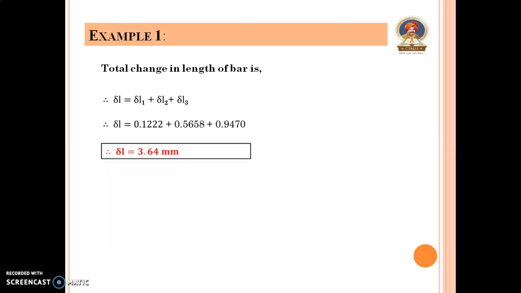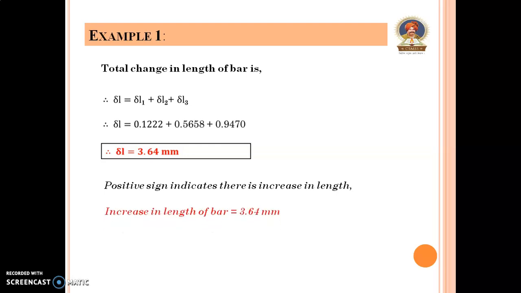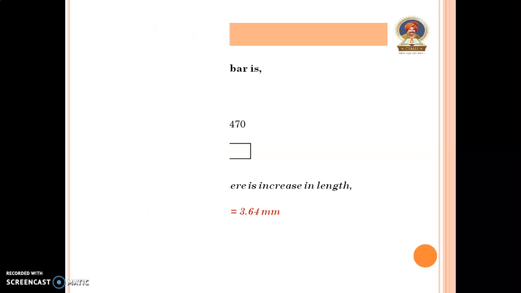Therefore delta L is equal to 3.64 mm. The positive sign indicates there is an increase in length of the bar. Therefore the total increase in length of the bar is equal to 3.64 mm.